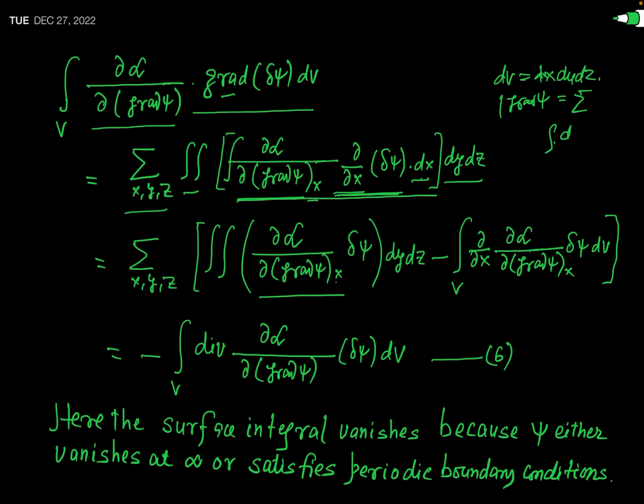You can write d dx instead of del x, so d dx delta psi dx. This will be simply the integral of the differential of delta psi. You can think that this dx will cancel out, and we will have only the differential of delta psi, and that integral will be simply equal to delta psi. So first function times integral of second function.